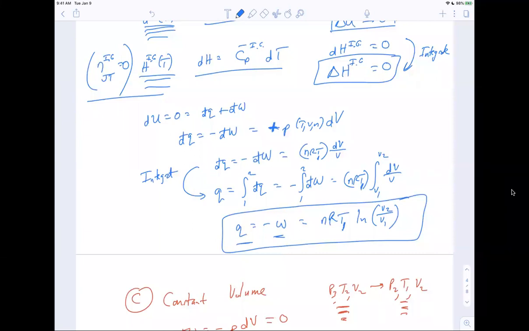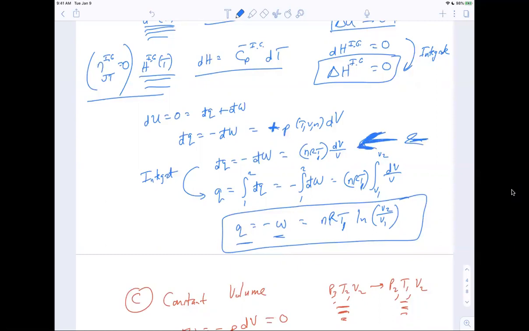Well, dq was equal to dw, or minus dw, because du is 0 for this case. It's isothermal and it's an ideal gas. That's this concept of U only being a function of temperature for an ideal gas. That's why we could write this.